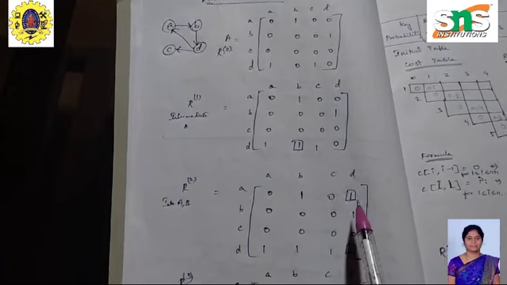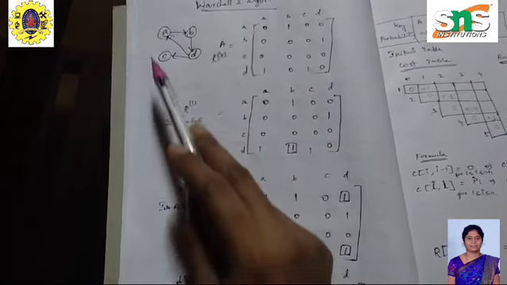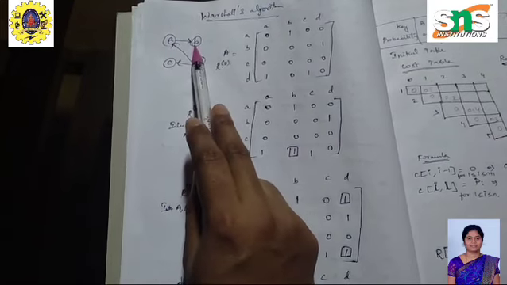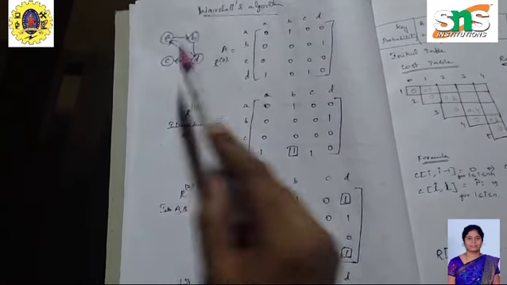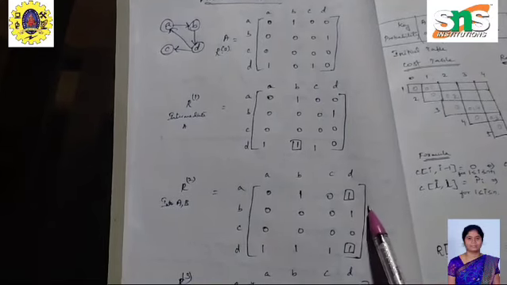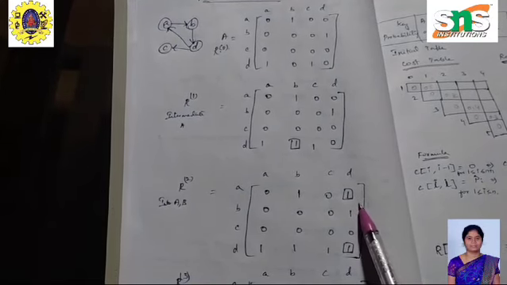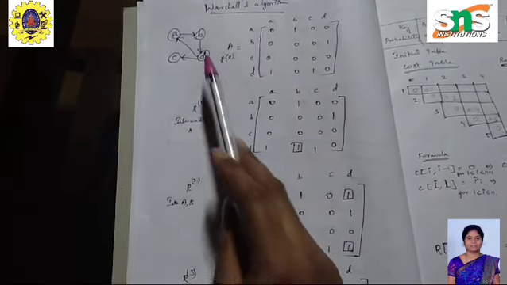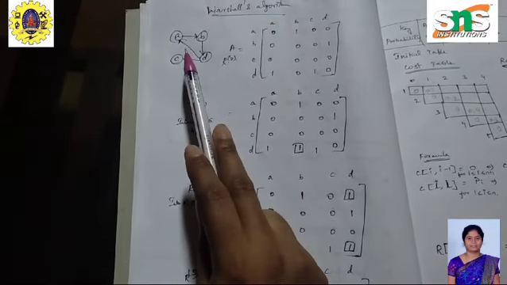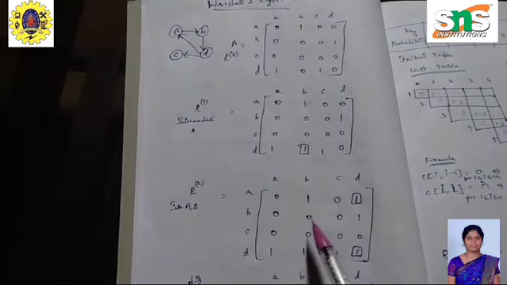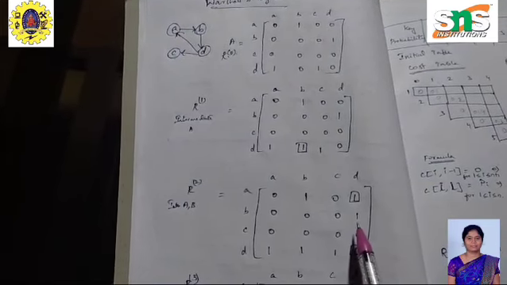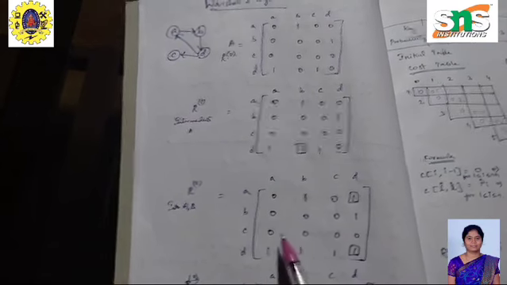And A to D: now that B node is opened, from A through B I can move to D, so I mention 1, and it is marked within a box. Next B: from B I can't go to A, so it is 0. From B to C 0, and B to D is already available, so it is 1.